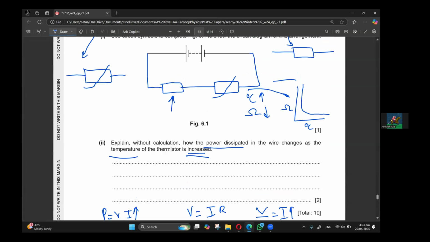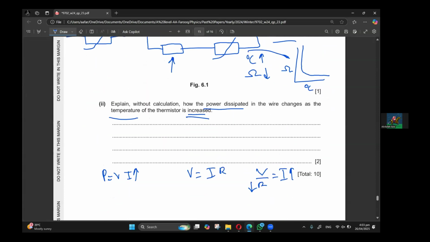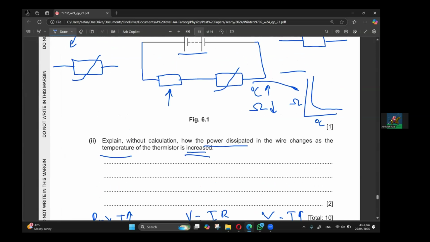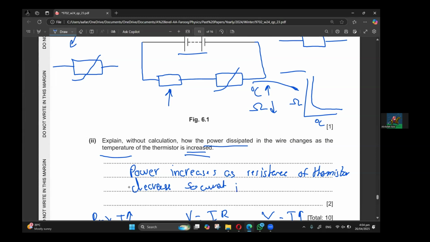Voltage is constant since it's a battery. So as current increases, the power also increases. Power increases as resistance decreases, so current increases. That's the answer.